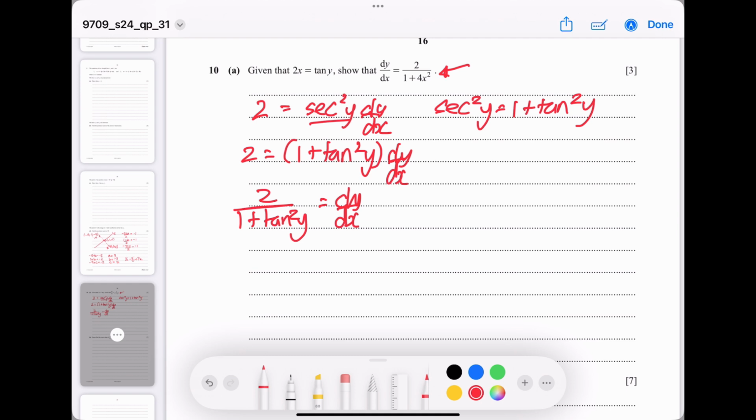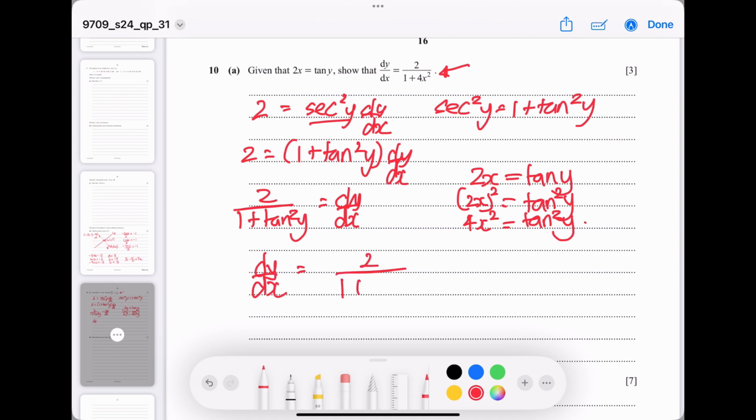So going back to the original statement that 2x is tan y, tan squared y would be 2x all squared, which is 4x squared. And so let's just do that final replacement. So dy dx is 2 over 1 plus 4x squared.